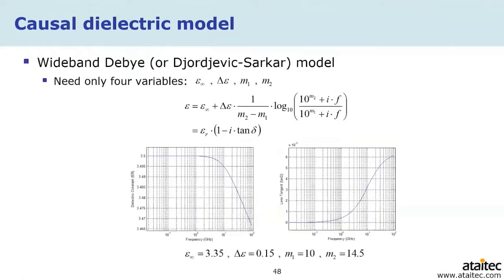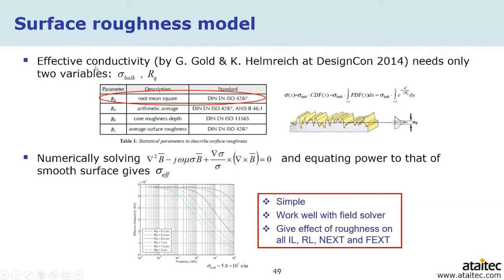So we use the wideband Debye model, or Djordjevic-Sarkar model, using 4 variables to express frequency-dependent Dk and Df over a wide frequency range. And we use the so-called effective conductivity model to account for the surface roughness. This is a more rigorous approach by solving Maxwell's equation numerically, and then we can derive the effective conductivity to account for the surface roughness.